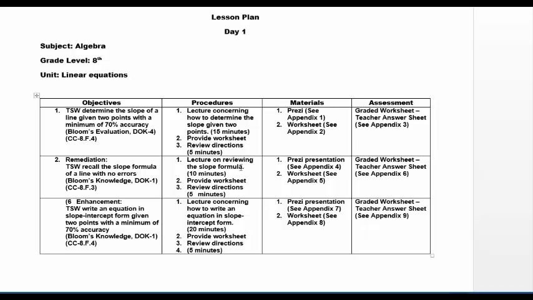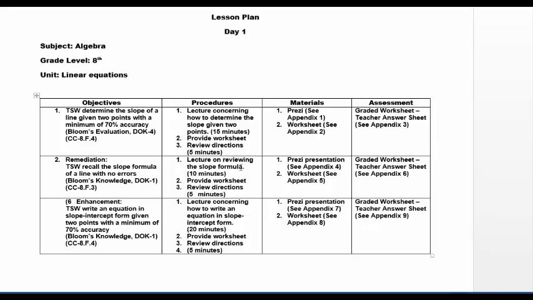As we look at remediation, let's look at our remediation objective. The student will recall the slope formula of a line with no errors. Bloom's knowledge, DOK 1, Common Core 8.F.3. So now we look at the graded worksheet. We look at the assessment.